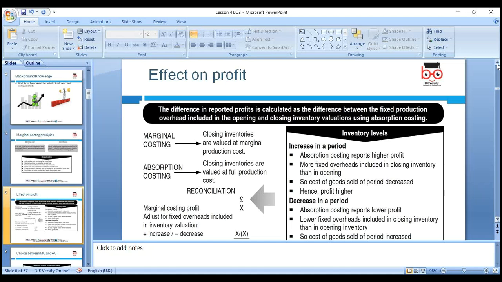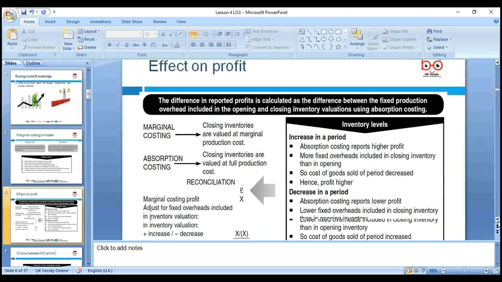The difference in the reported profit between marginal costing and absorption costing is the difference in fixed production overhead included in the opening and closing valuation. Absorption costing is also known as full costing. In marginal costing, closing inventory is valued at marginal cost, which is variable cost only, while in absorption costing closing inventory is valued at full cost, meaning both fixed and variable.